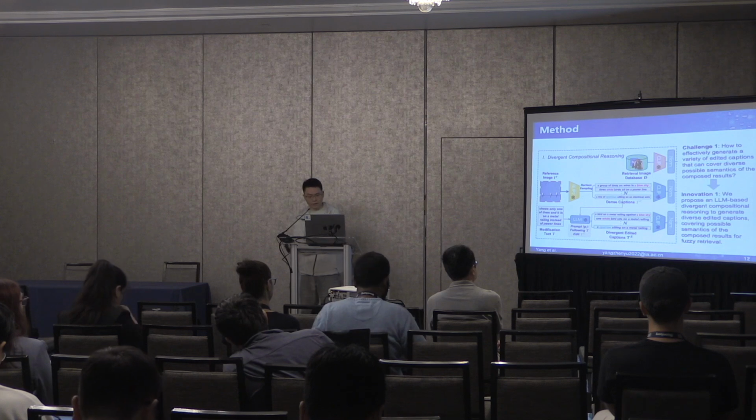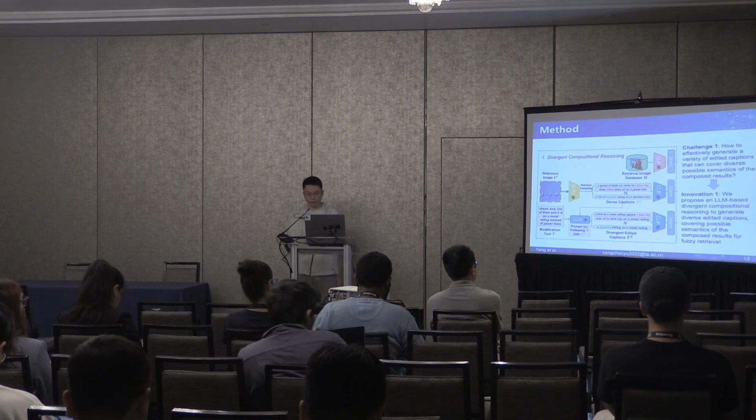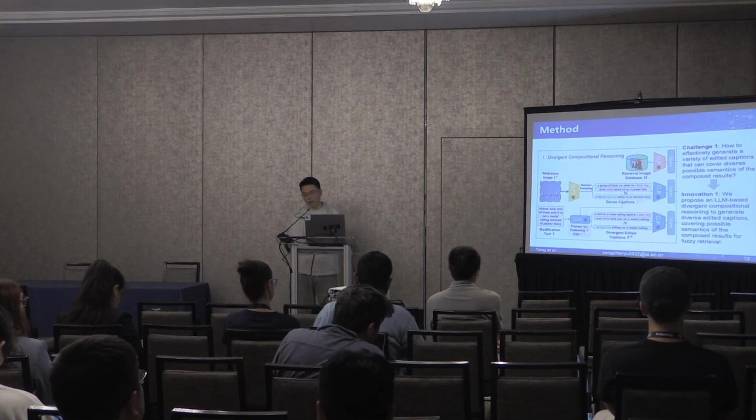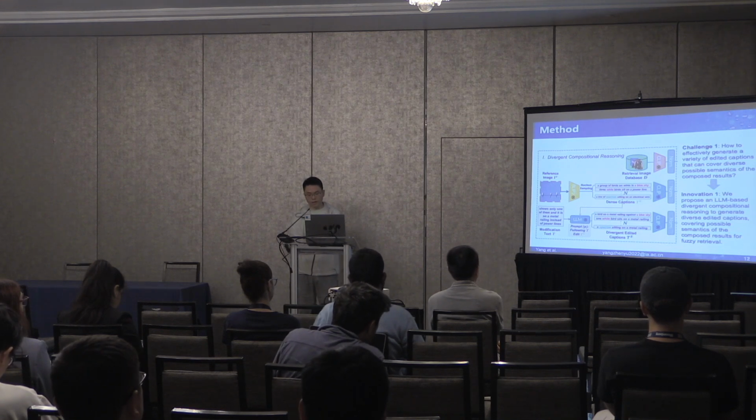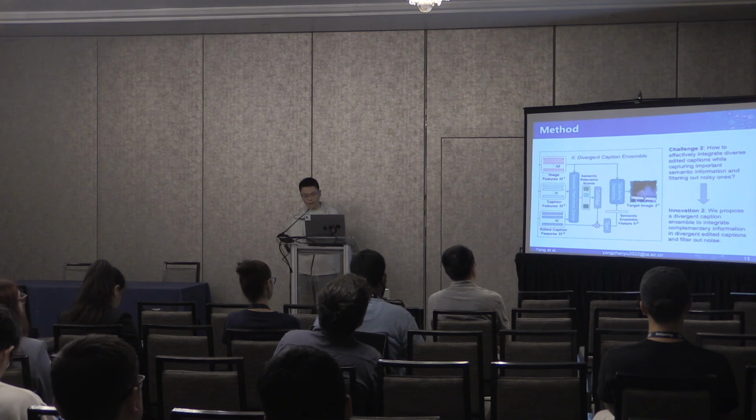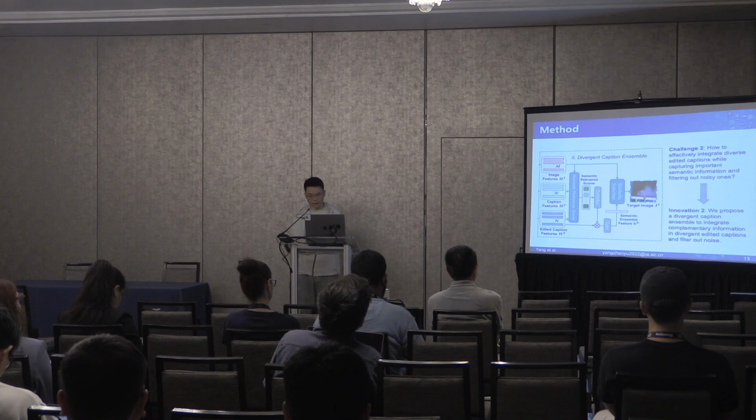To conduct the divergent compositional reasoning, we generate dense captions for the reference image with focuses on different semantic perspectives. Then, we prompt a large language model to infer divergent edited captions based on the modification text, describing possible composed images of diverse semantics. For the second challenge, we propose a divergent caption ensemble to integrate complementary information in divergent edited captions and filter out noise.